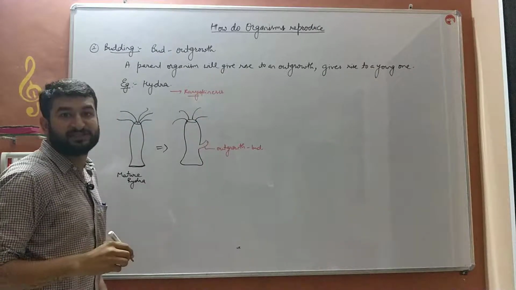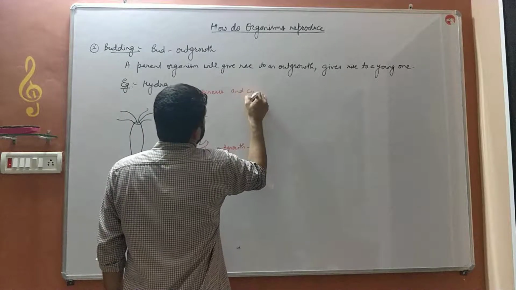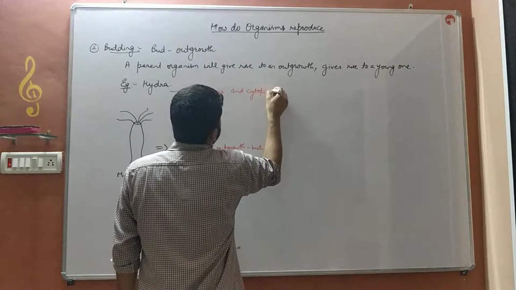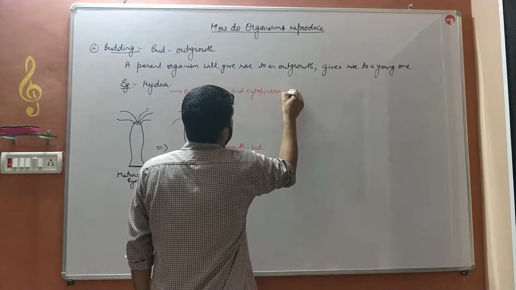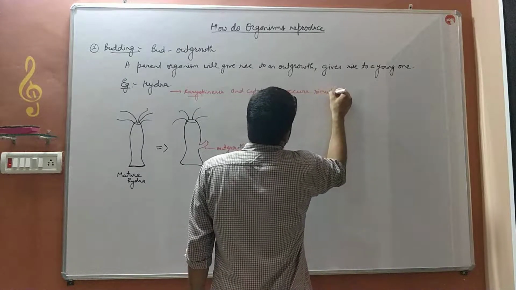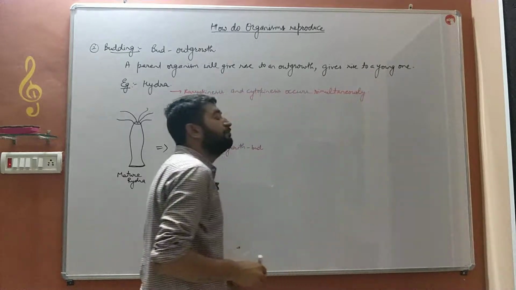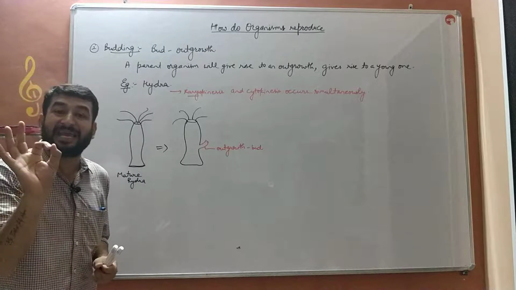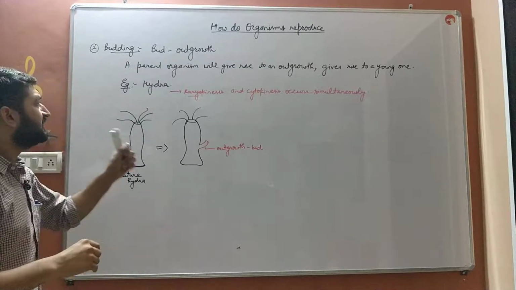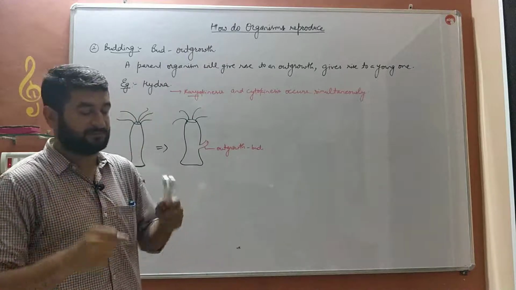(Karyon means nucleus, kinesis means division.)